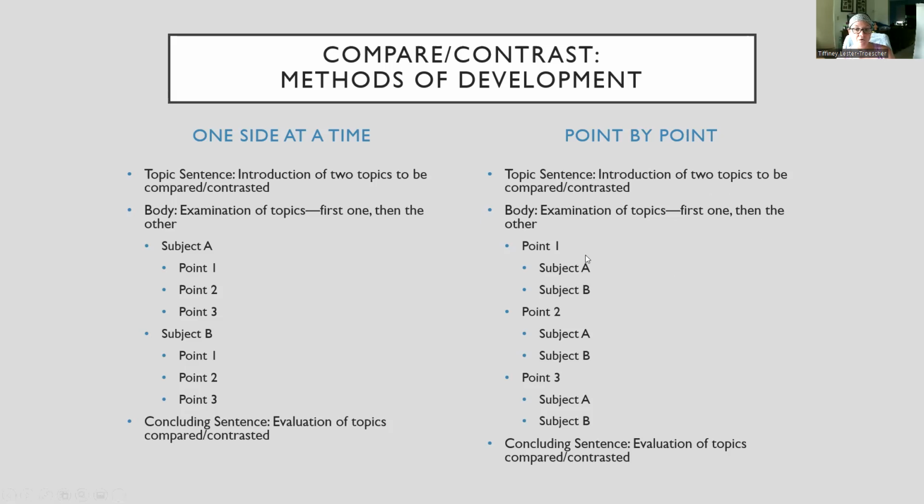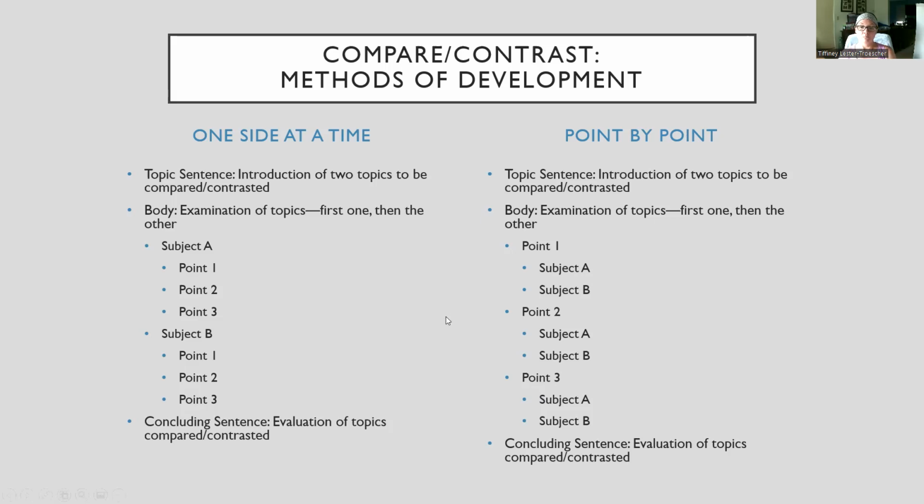And you're going to talk about that first similarity in terms of subject A, and then in terms of subject B. And then you're going to move on to the next similarity or difference. Talk about how it applies to subject A and how it applies to subject B. And then you're going to move on to your third similarity or difference, how it applies to subject A and how it applies to subject B, and then your concluding sentence.